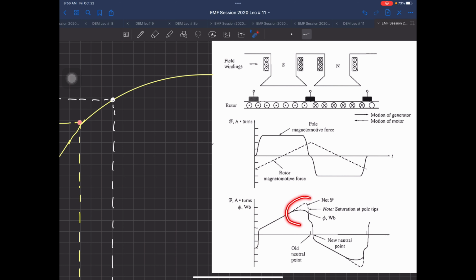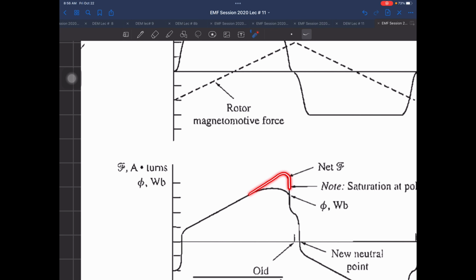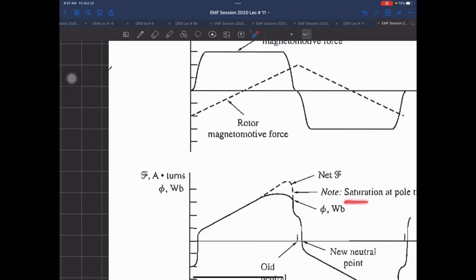You can see very closely in this region, it has to be like this, but there is pole saturation taking place according to the BH curve. So it does not increase, it goes only to this value. It should have gone up to here, but it only goes up to this value because of saturation at the pole.